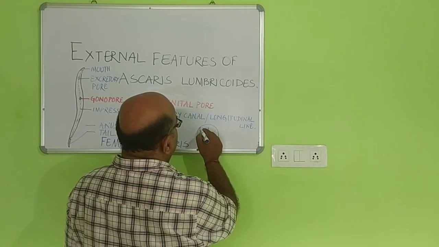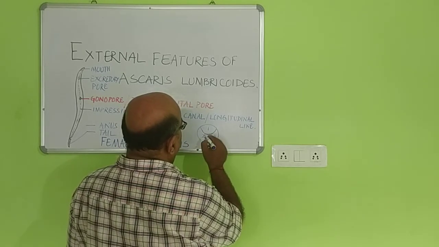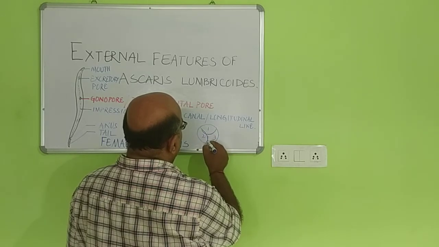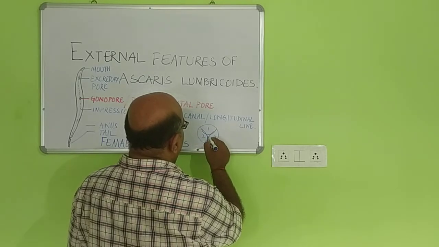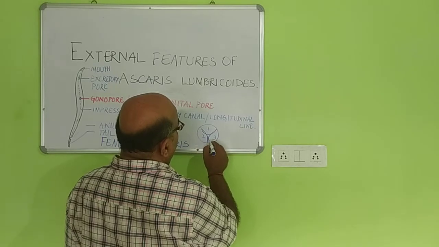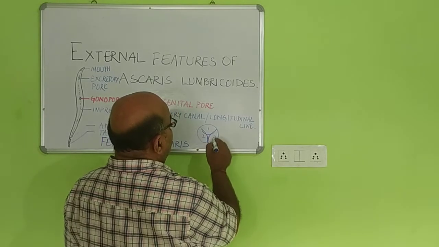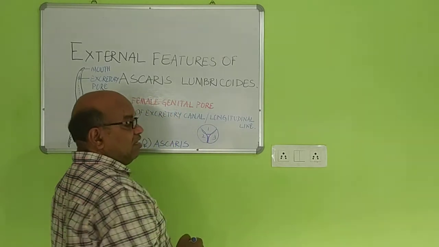One is known as your dorsal median lip, and the other two, which remain as the second and third, are the ventrolateral lips. By three lips, the mouth is guarded.